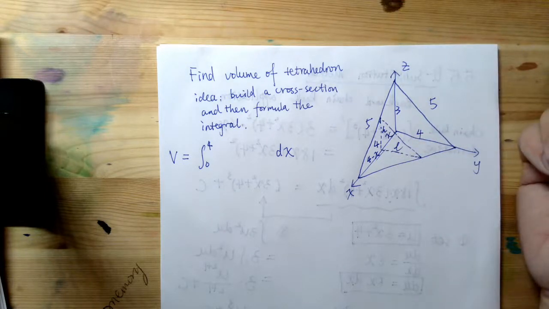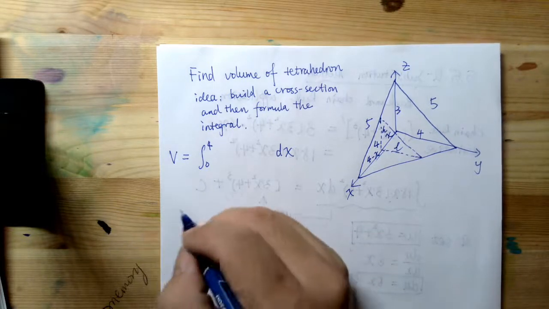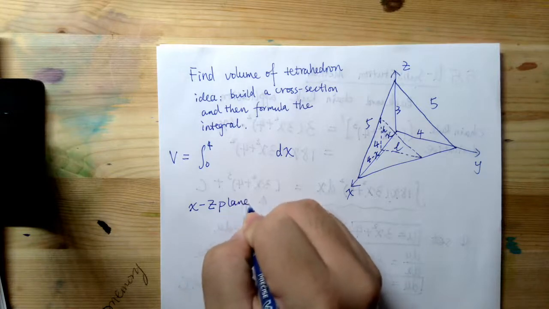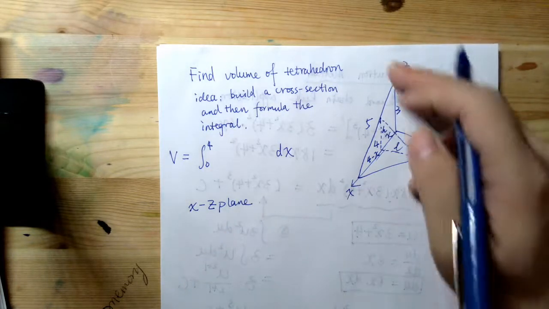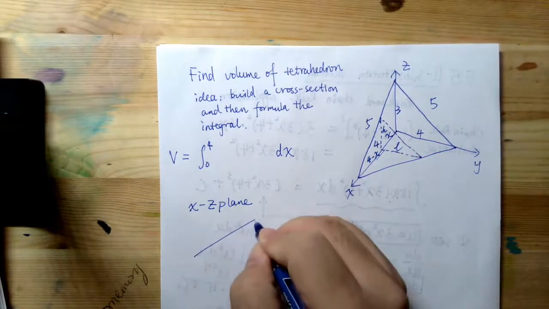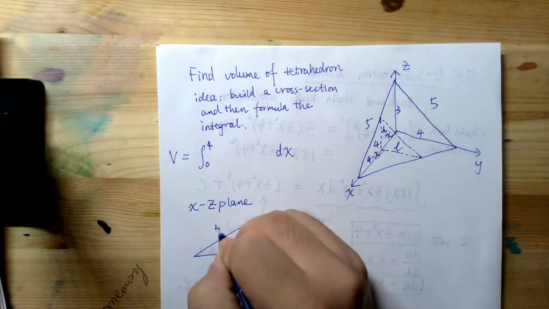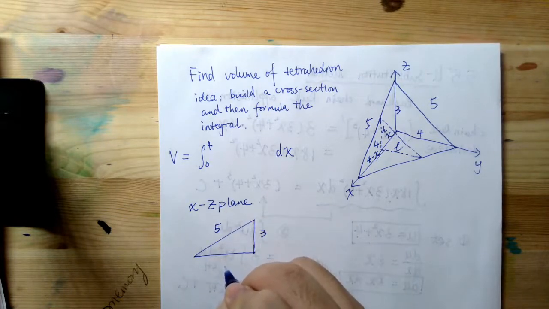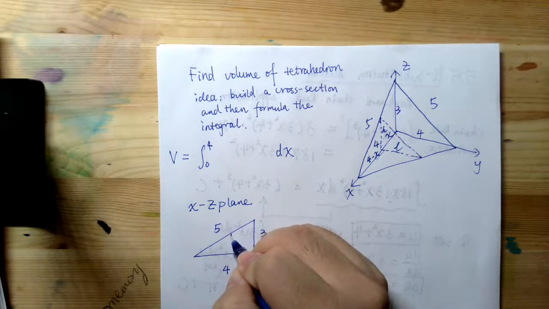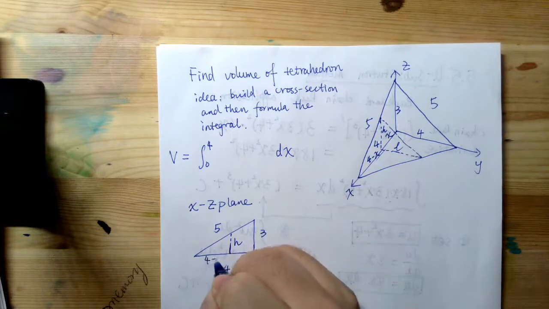Well, this is what we can do. If we only look at the xz plane, and this is the xz plane, we actually can draw that. So this is 3, this is 5, and then this is 4, and then this is h, right? This is x, this is 4 minus x.